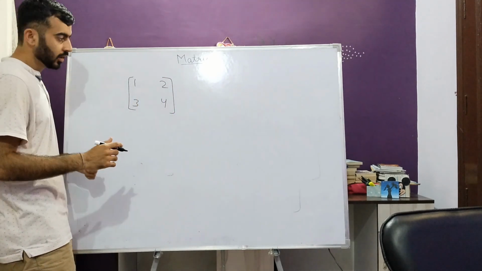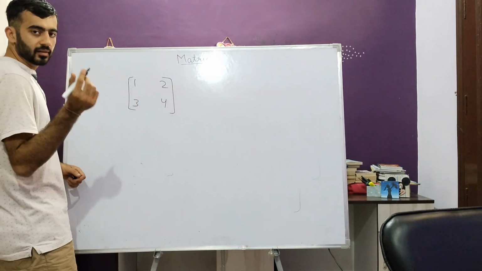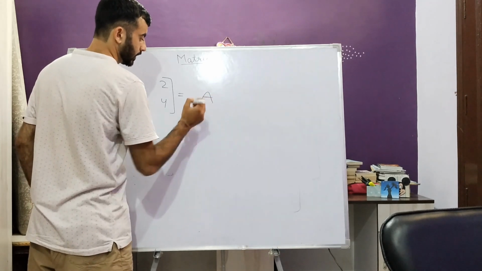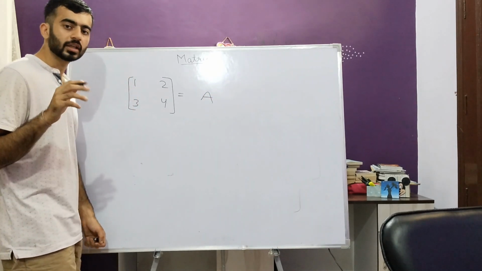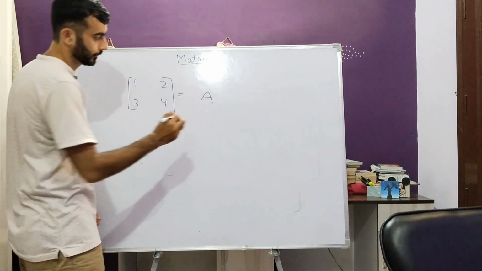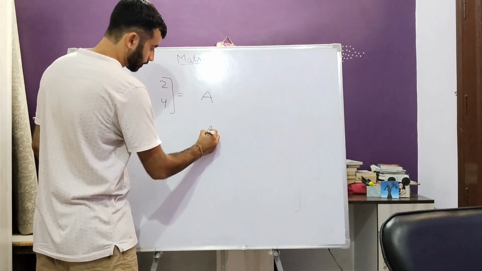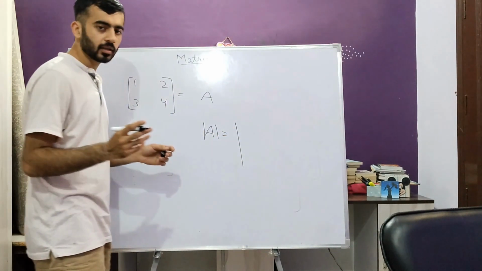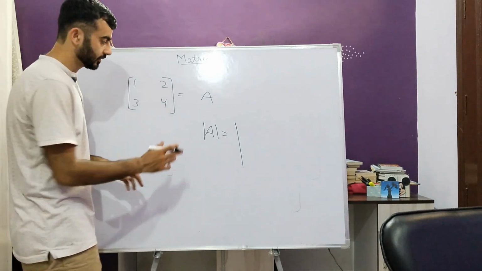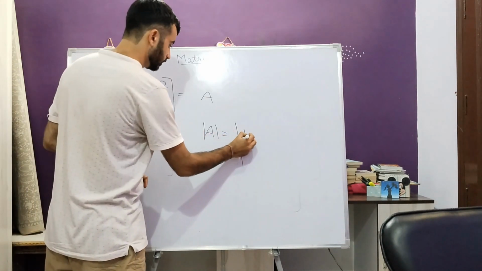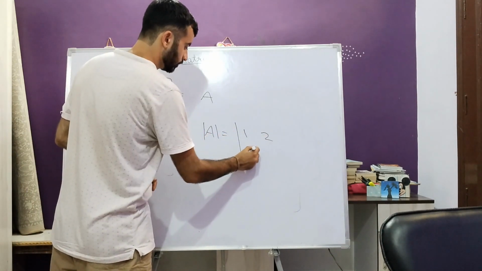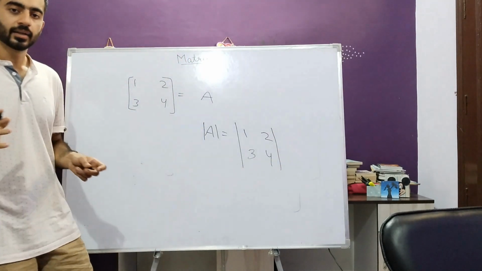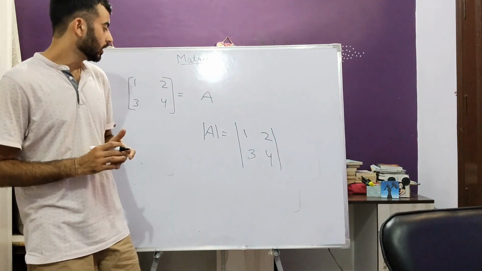This is a matrix. Let's say this is matrix A. Now we will have to find the determinant of matrix A. Determinant is shown by two parallel lines. So how to calculate the determinant of a matrix?